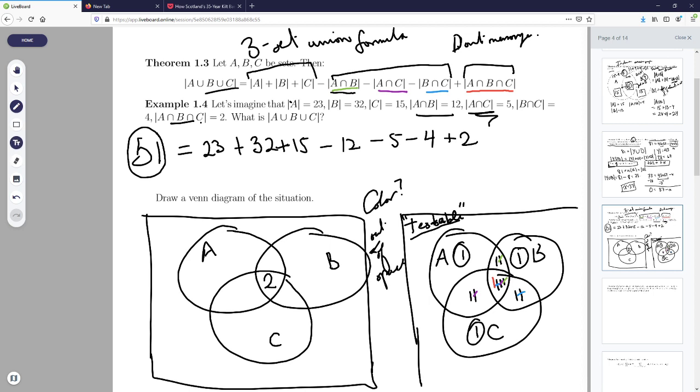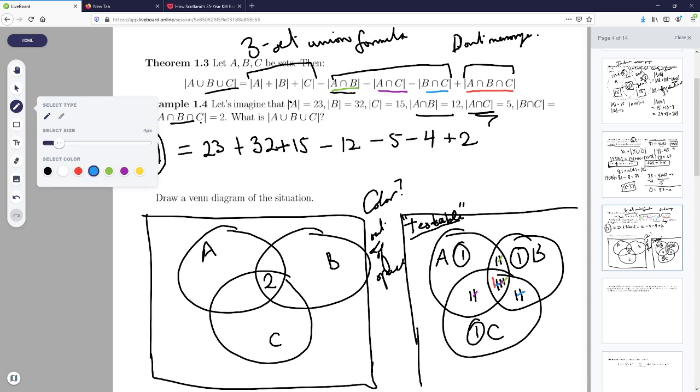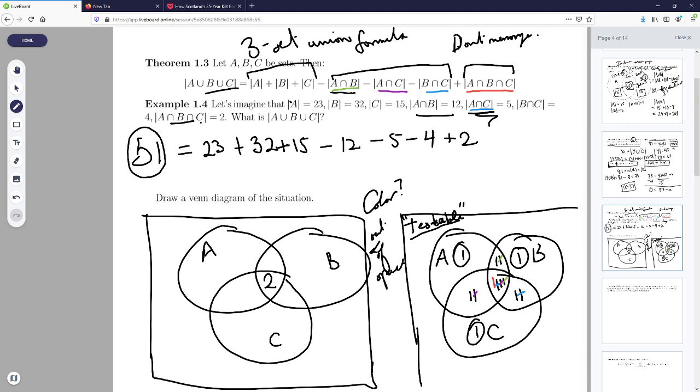So I'm going to write 3 in this set. The reason is that when you add this part here and this part here together, that is A intersection C. So I want these 2 numbers to add up to 5.